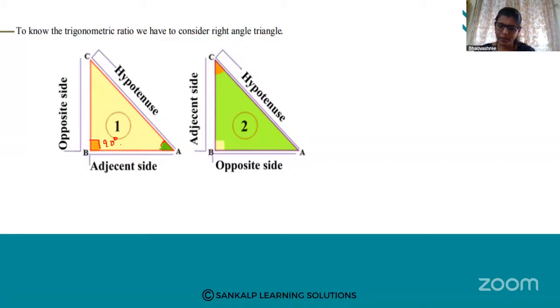At point A it makes one angle. Let us take one angle. Here I will call this angle theta.